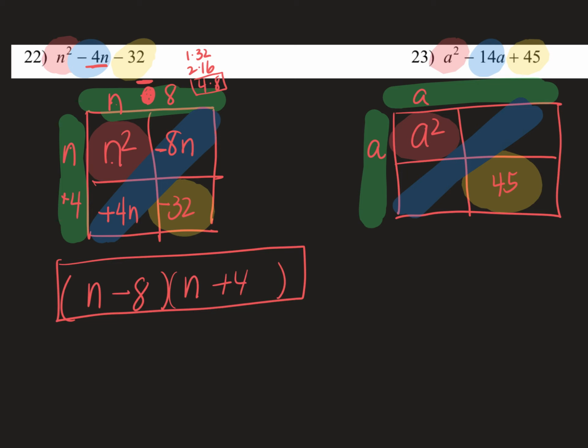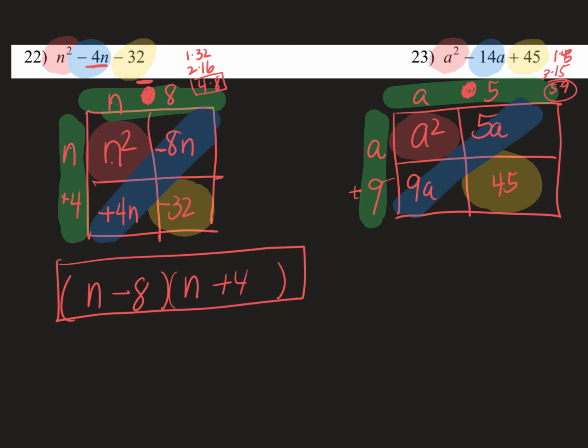Number 23. Multiply to give me 45: 1 times 45, 3 times 15, 5 times 9. I think these are going to be the ones that work. So if I put positive 5 and positive 9, this gives me positive 5a and positive 9a. Well, 9 plus 5 is not negative 14.